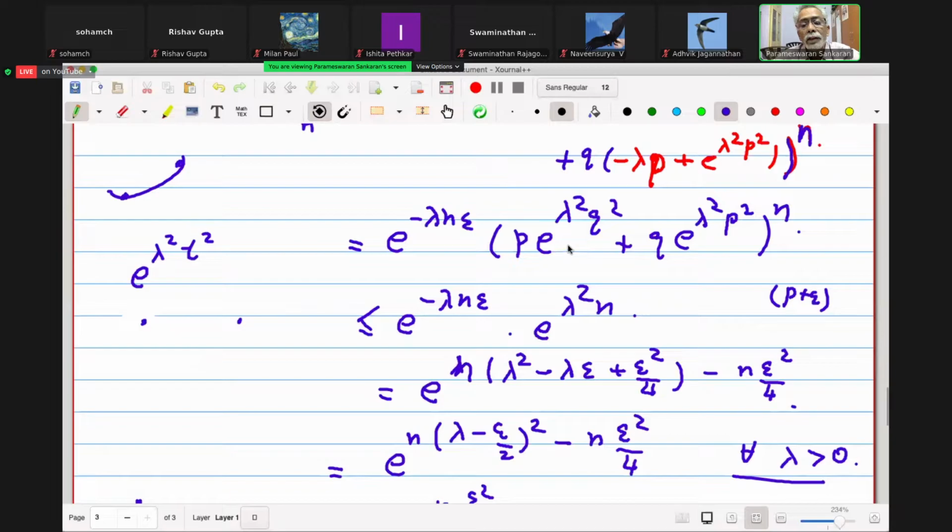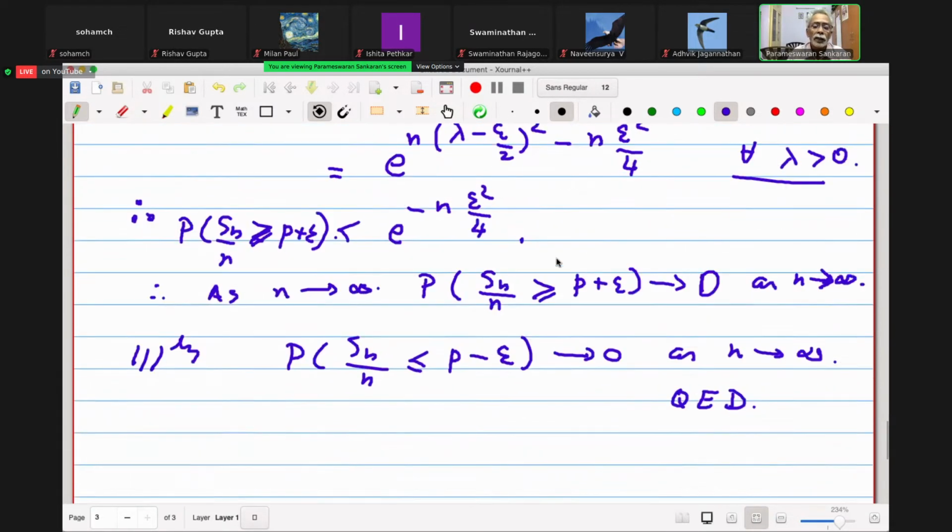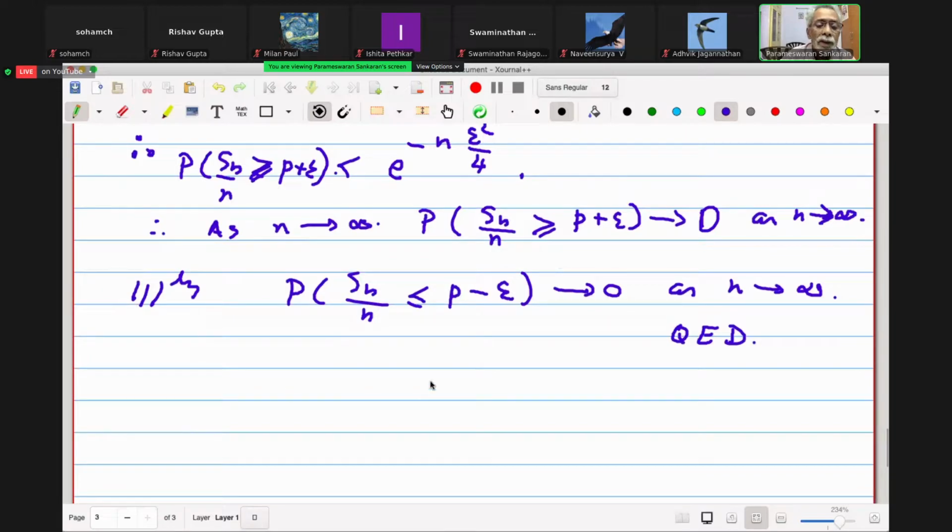Is that what you are saying? Not exactly, sir. I'm saying we have p to the q², that is less than or equal to p because q is less than 1 and positive. Okay. Anyway, I suppose this is an elementary thing. One can do it. Let me not dwell on that too long.